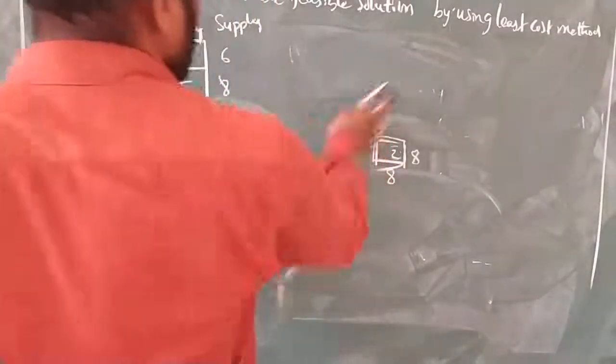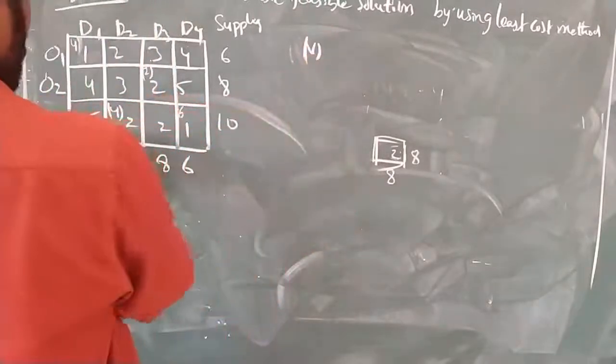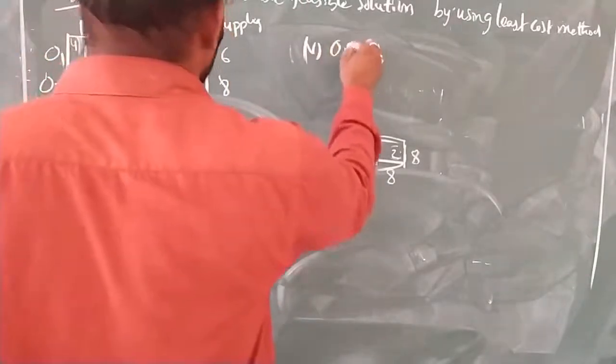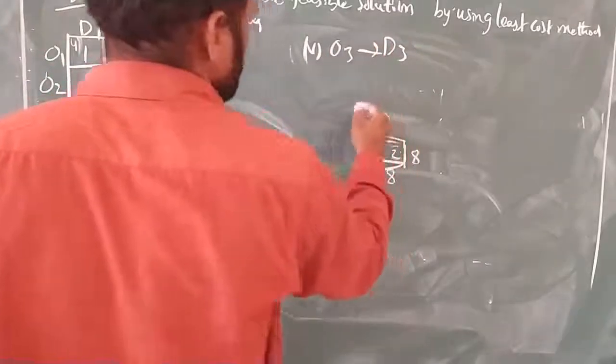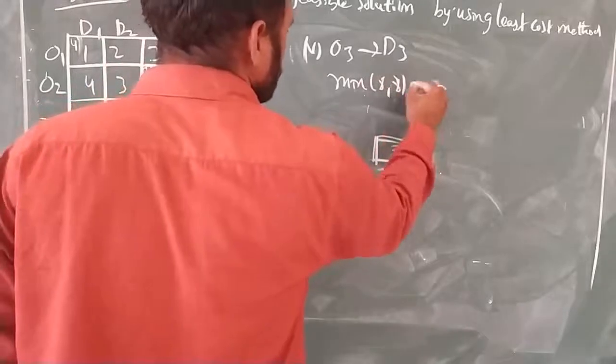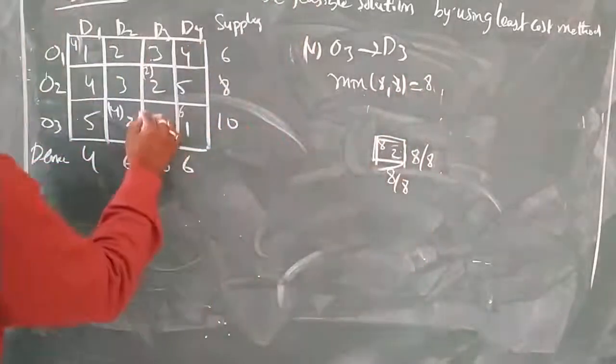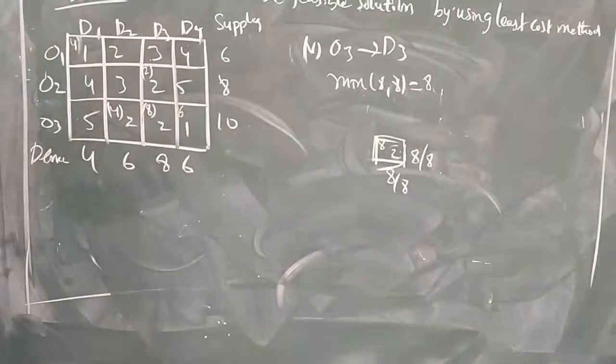Fifth step. Since we are having only the one value, at which place is it there? O3 and D3. So O3 to D3, minimum of 8 comma 8 will be 8 only. So subtract 8. So here it will become 8. So these are the values in the final table.